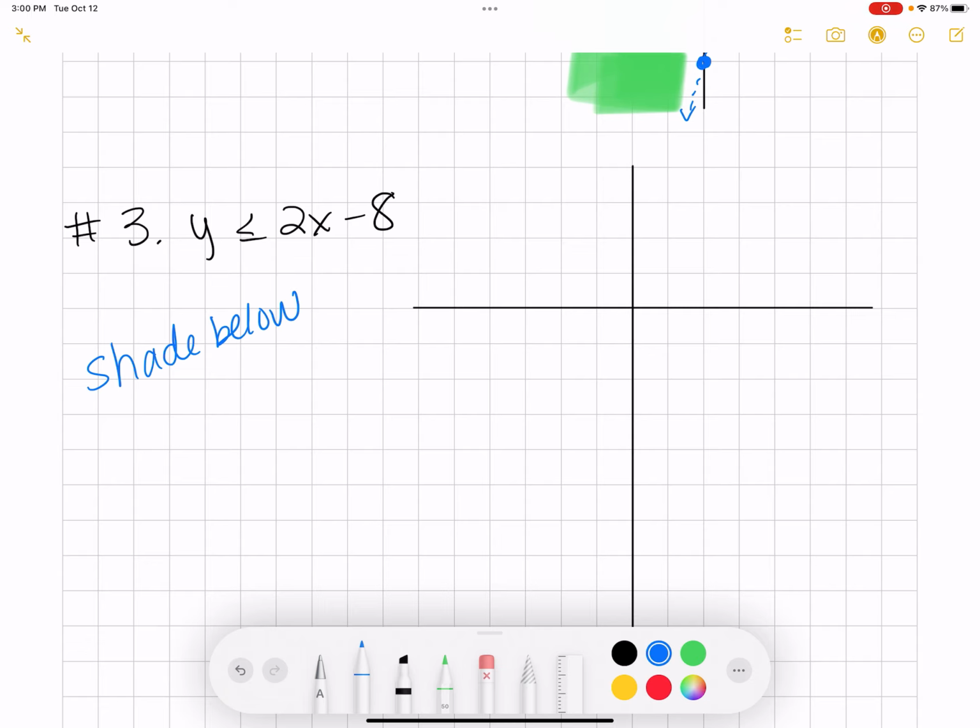It's less than or equal to, so am I solid or dotted? That's solid. All right, so y-intercept, negative 8. And I've got a slope of 2, so I'm up 2 over 1.